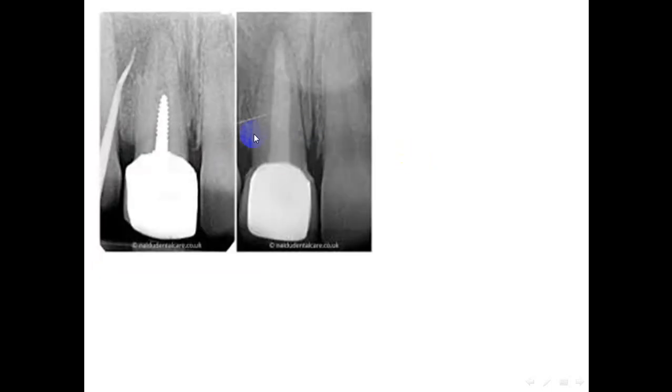There is another type of post and core, which is a screw, and here the dentist made a big mistake by placing the screw inside a non-endodontically treated tooth, just a screw.